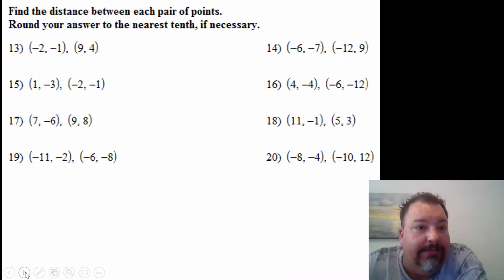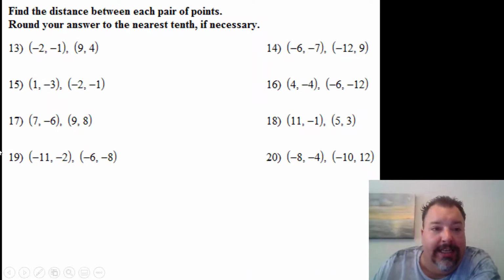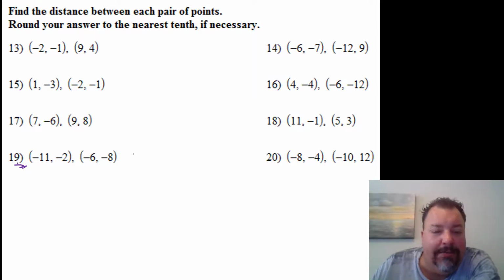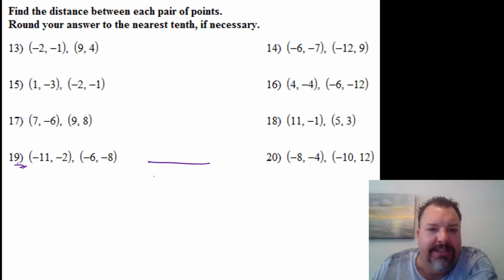Now you will be given some problems where you don't have a graph. So let's take like this guy for example. Number 19, negative 11, negative 2, negative 6, negative 8. You could go ahead and plot this on the graph paper and do the first method. Just count the spaces going across, count the spaces going up.